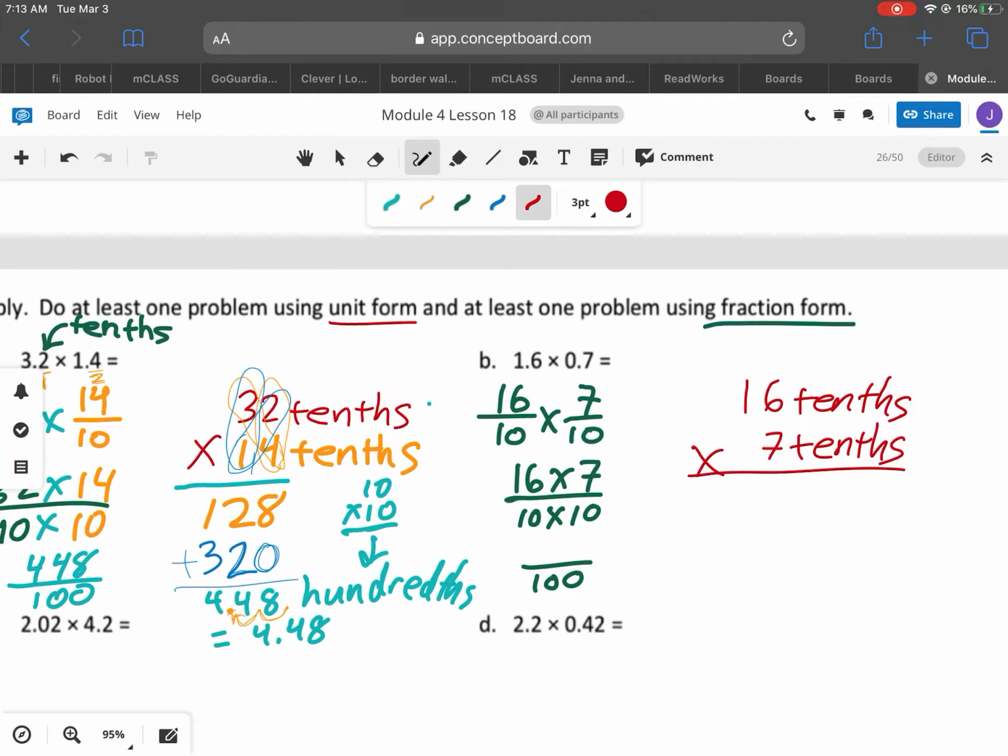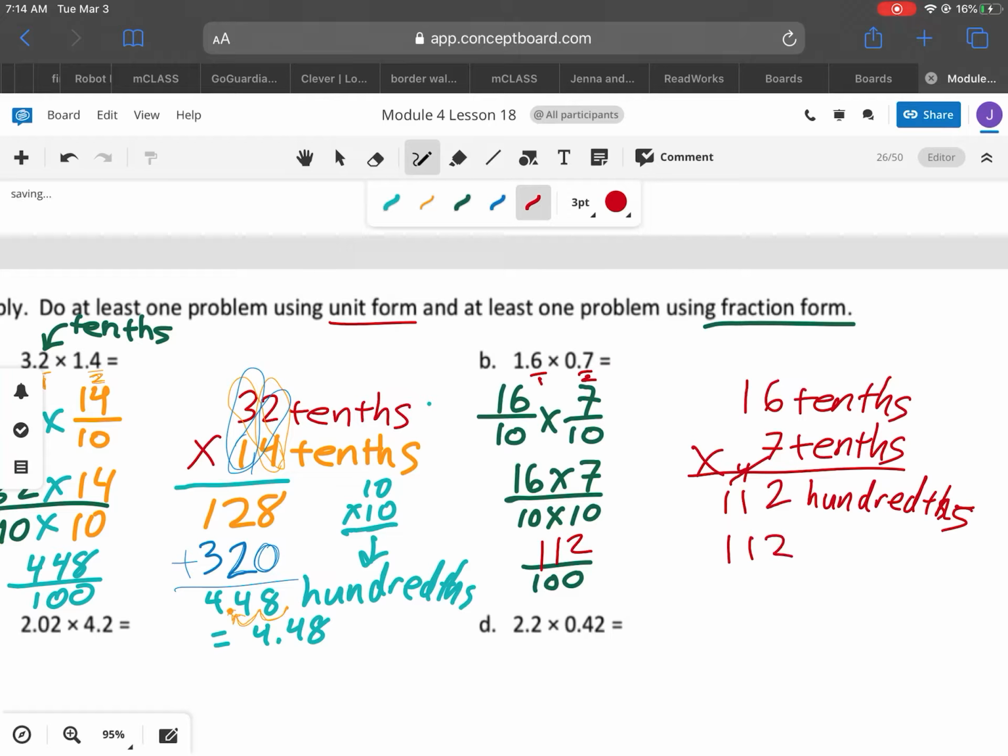Alright, 6 times 7 is 42. Then we have 7 times 1 is 7 plus 4 is 11. So we have 112 hundredths. Okay, so again we have 2 decimal places.